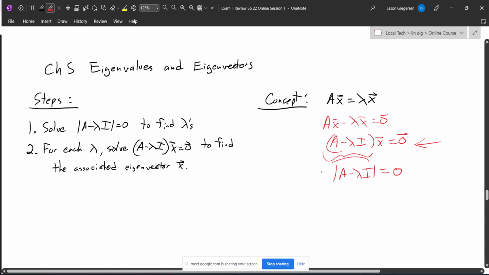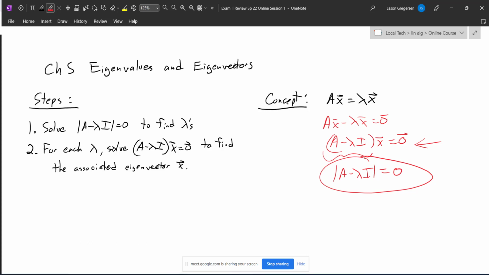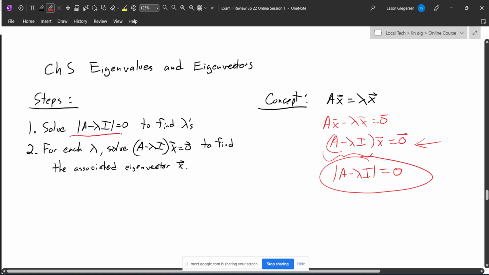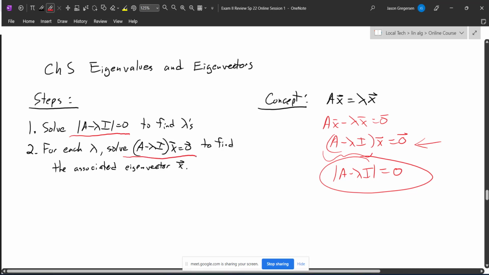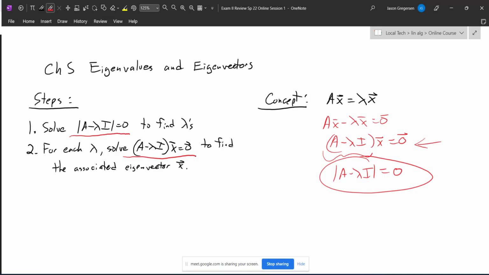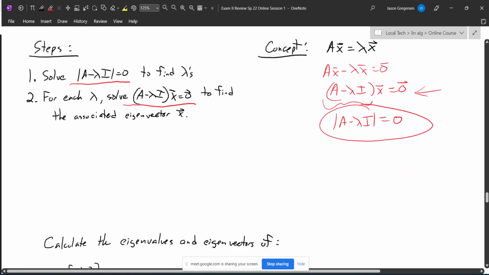I like this equation because there's only one unknown, and I can solve that for lambda. And that brings us to our general process. Step 1 says solve that determinant equation to find your eigenvalues. Once we know the eigenvalues, we can then plug those into our homogeneous matrix equation to solve for the associated eigenvectors. So that is our general process.